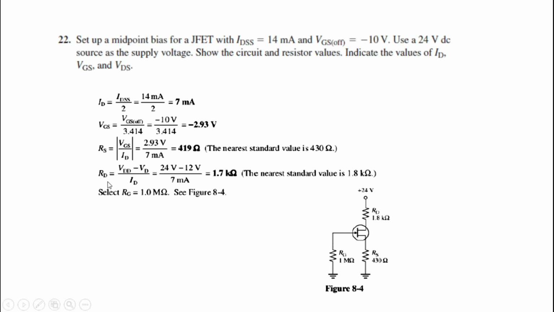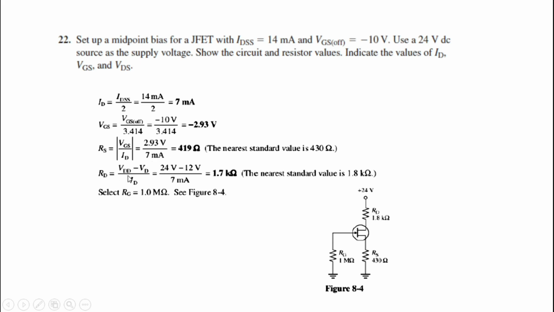And to calculate your RD value, what we need to do is the RD value over here is given by VDD minus VD divided by ID. So in this particular case, your VD is equal to VDD divided by 2 at midpoint.